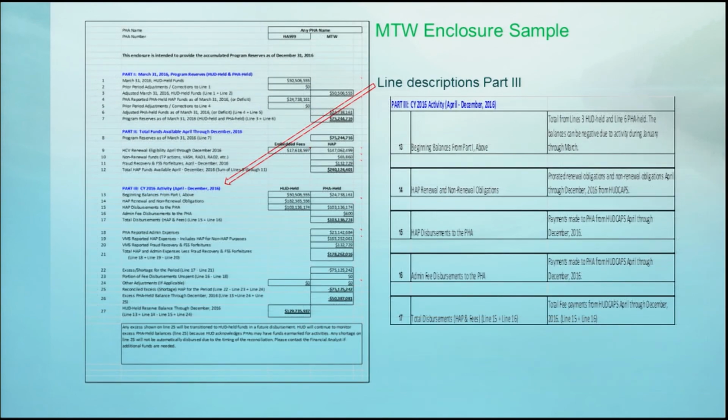Part 3 calculates the PHA and HUD-held balances using the beginning balance, disbursements, and expenses from April through December 2016. It will exclude disbursements made in calendar year 2016 for prior year's needs. Please contact your financial analyst at the FMC, either Jean Reed or Renee Morin, for any questions regarding this enclosure.